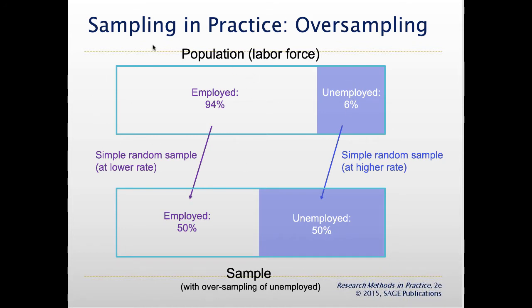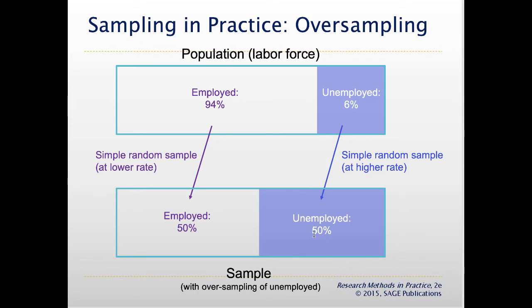But the majority are employed, at least in most times, even today. And so if you were to just do a simple random sample or even stratified sampling, your sample would not have nearly as many unemployed people. That's not good if we want to get really precise information about the smaller group, the unemployed group.